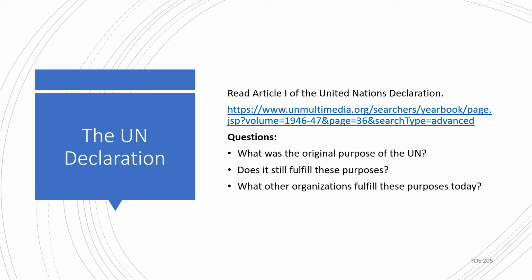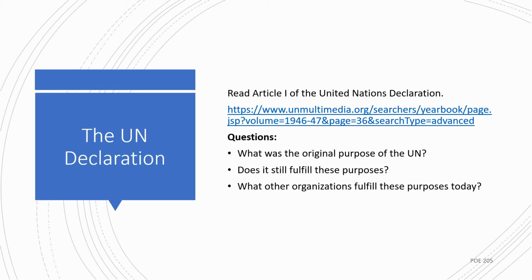We saw huge human rights issues. We saw huge humanitarian issues post-World War II. And so the idea was, we're going to build an international organization that can address these economic, social, and cultural issues together. Does it still fulfill these purposes? Has it secured world peace? Not really, but not no either.